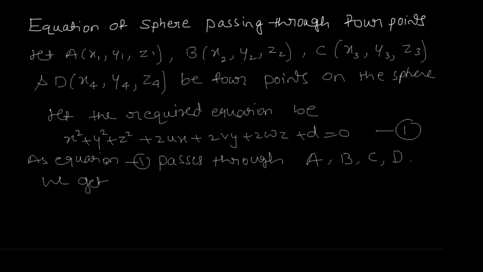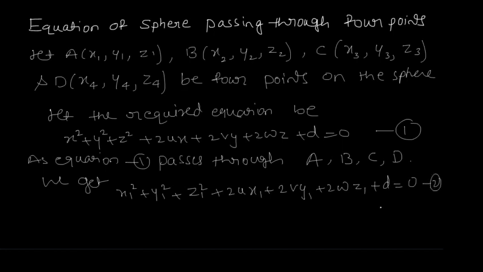So you will get one equation, that is x1 square plus y1 square plus z1 square plus 2ux1 plus 2vy1 plus 2wz1 plus d is equal to 0. Now call this equation 2.